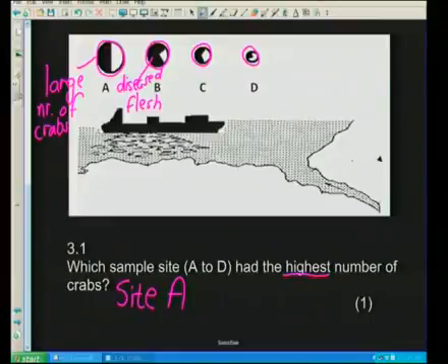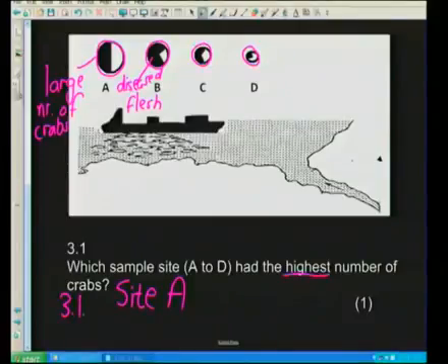Now also with questions, it's very, very important to use the correct numbering. So you're going to write down 3.1. When the marker marks your questions or your answers, they look at their memorandum, which means that they look at their answers. So they want your answer to correspond with their answer. It makes it easier for the marker to mark, and you need the marks. All right, so 3.1, site A, and that is 1 mark.